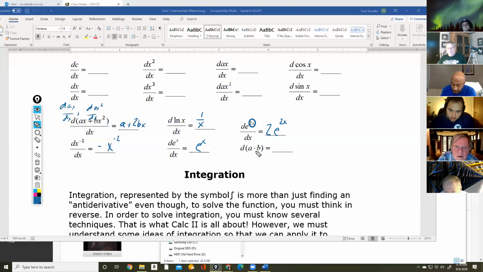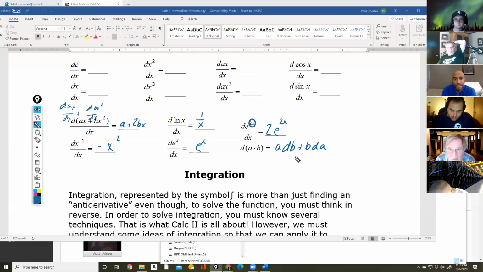Remember, derivative of a times b is just a times the derivative of b plus b times the derivative of a. What rule is this? Product rule.